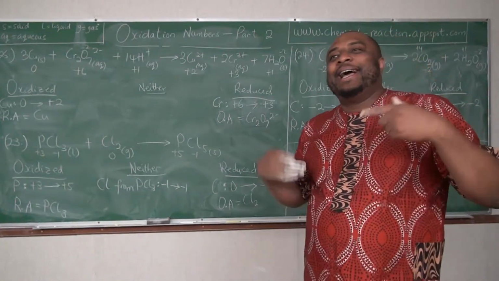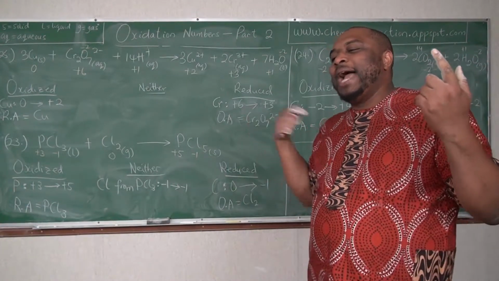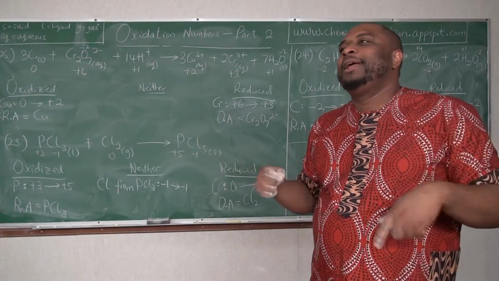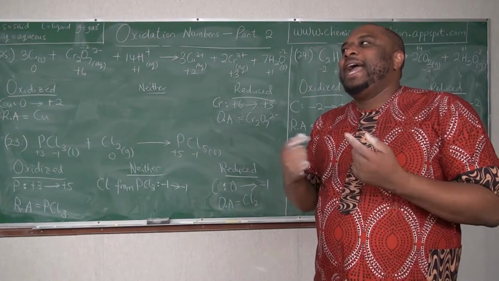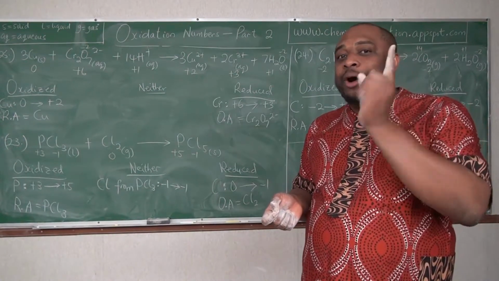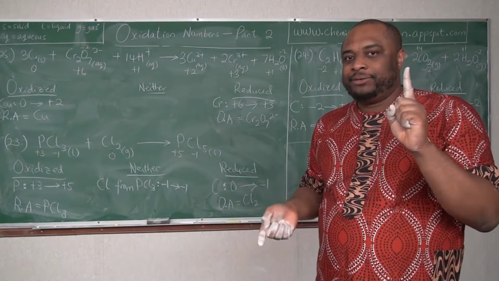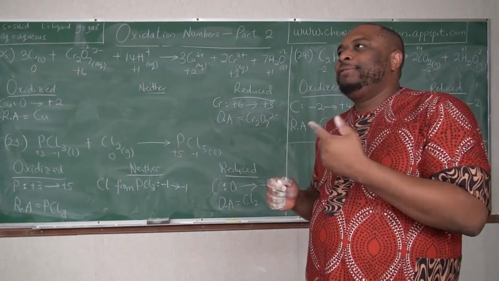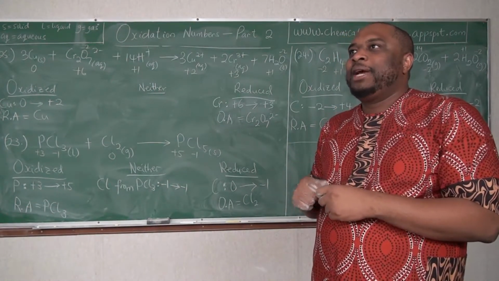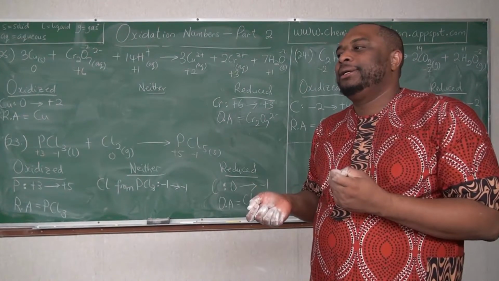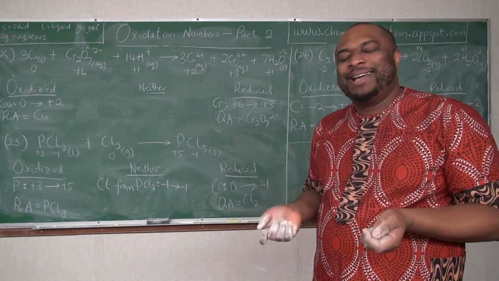I taught chemistry in Nigeria before I came to the US. I came to the US and taught chemistry for only 1 year, but I still have my teaching certificate in chemistry. I'm still certified. But then I look at my folks back in Nigeria and they're struggling with chemistry. Why?